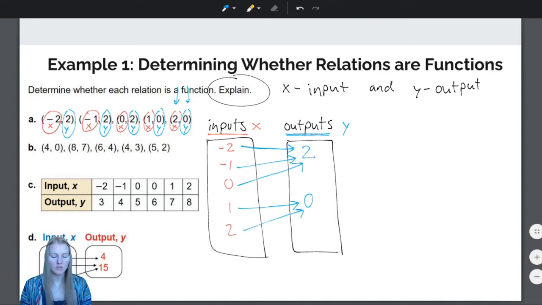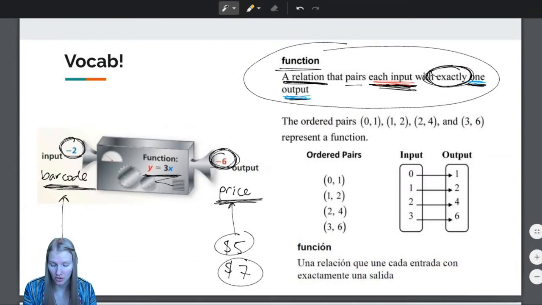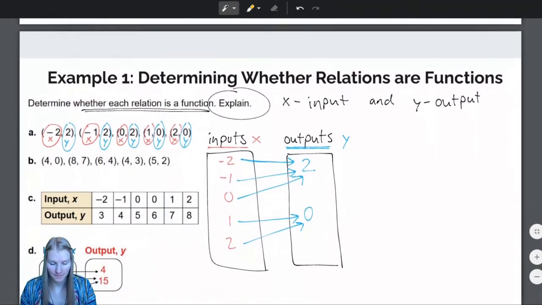Okay, so now we are asked to determine whether this is a function or not. Well, does every input have exactly one output? Remember, that's what it means to be a function. Every input has one output.